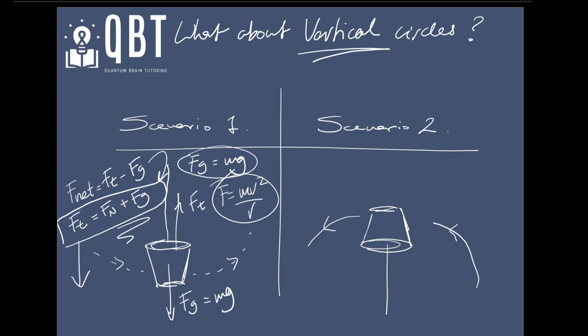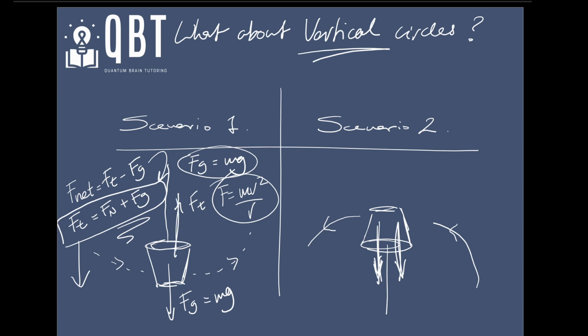But let's move on to scenario 2 so that the situation becomes a little clearer, because right now we're upside down. Gravity is going to be acting this way, but then where's the tension going to be acting? Well, this way as well, because the centripetal force is being provided by the tension, so it's acting towards the center of the circle.